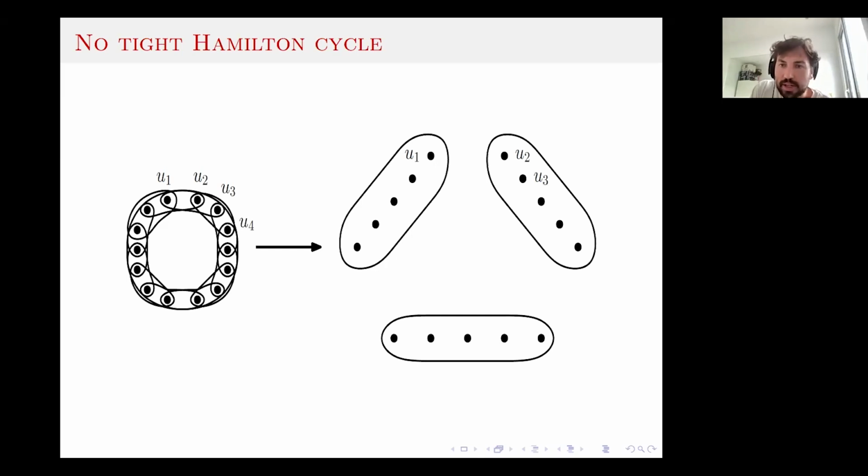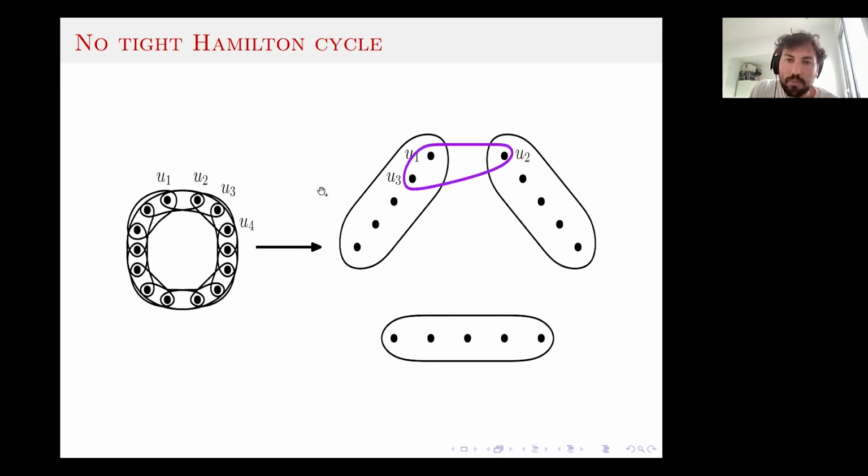If u3 is in the same part as u2, then it gets the color of u2u3. And where do you go next? You can't go here because this edge isn't in the hypergraph. You can't go here either because this would be two edges of the same color. So in fact, you have to have u3 on the other side.